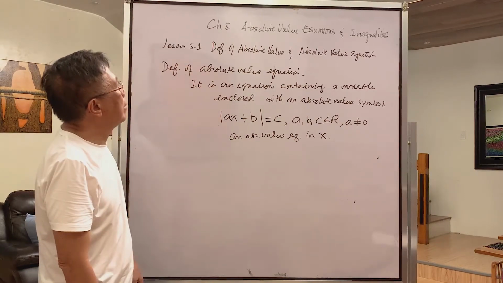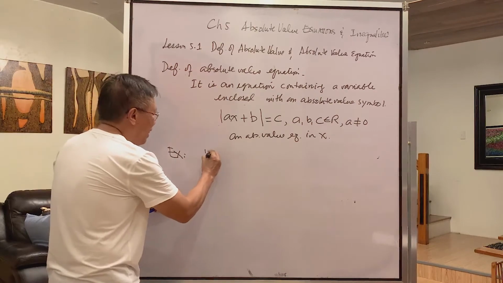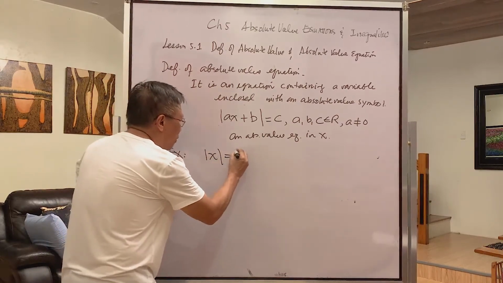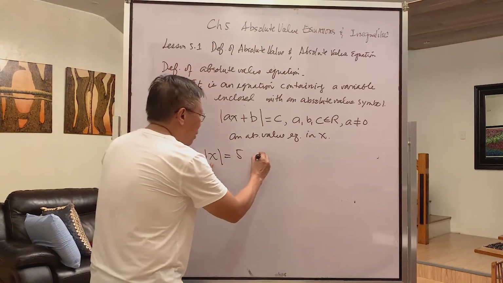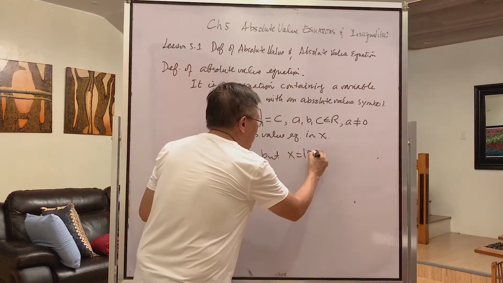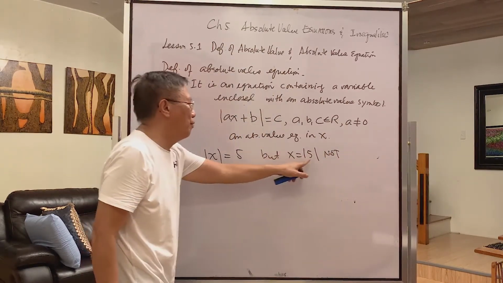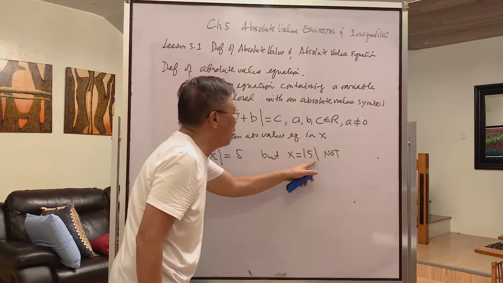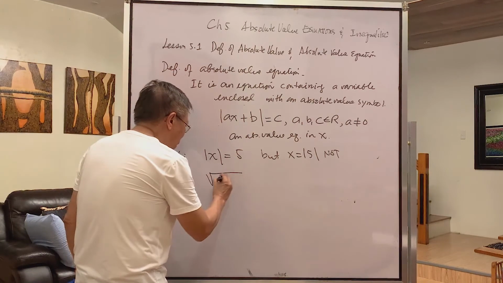Okay? Example here. This is an absolute value equation in x. But this is not an absolute value equation in x because there is no variable inside the absolute value symbol. Okay, what about this one here?